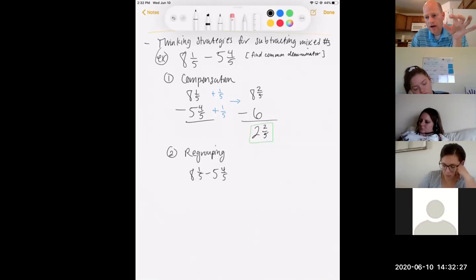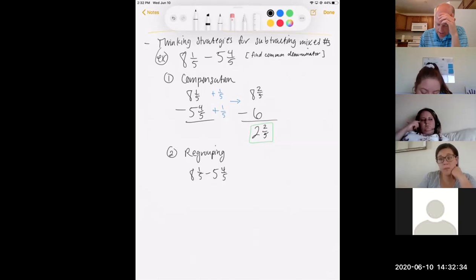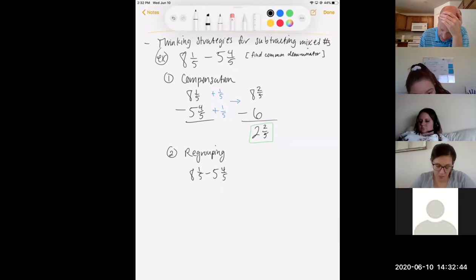I can subtract off the whole numbers and the fractions separately if I do regrouping, because as is, I can subtract off the 8 and the 5, but I can't subtract 4/5 from 1/5. So I need to regroup. I'm going to take from my 8. I'm going to take that out, and I'm going to add on, make that a 7 5/5.